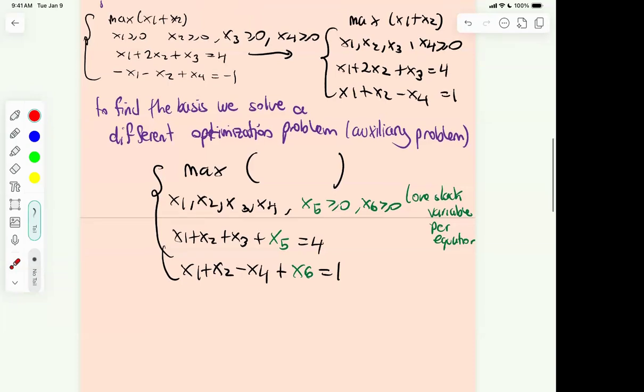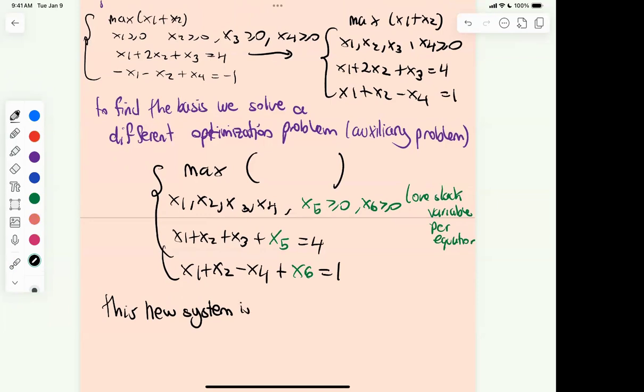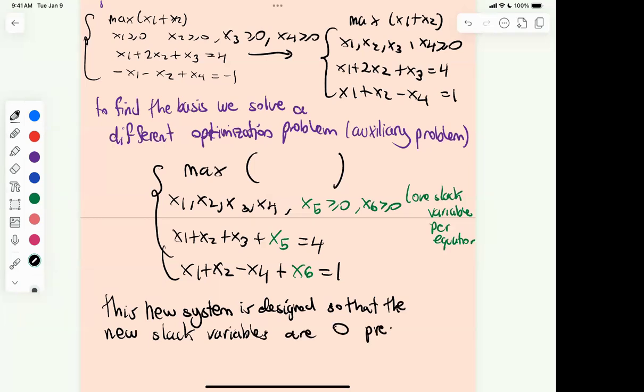So this new system is designed so that the new slack variables are zero precisely when we have a solution to the original system of equations.